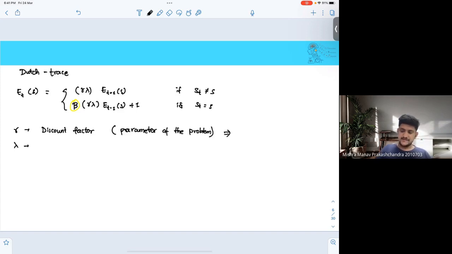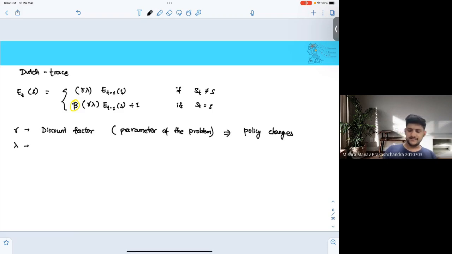That means by changing the value of gamma, my policy changes. If you can recollect, we had discussed the heaven hell example, wherein if my gamma is higher, the agent goes to heaven. If the gamma is lower, then you would end up going to hell.